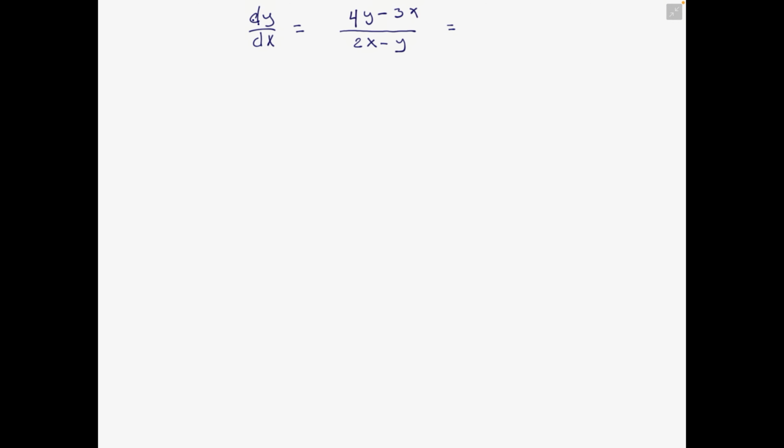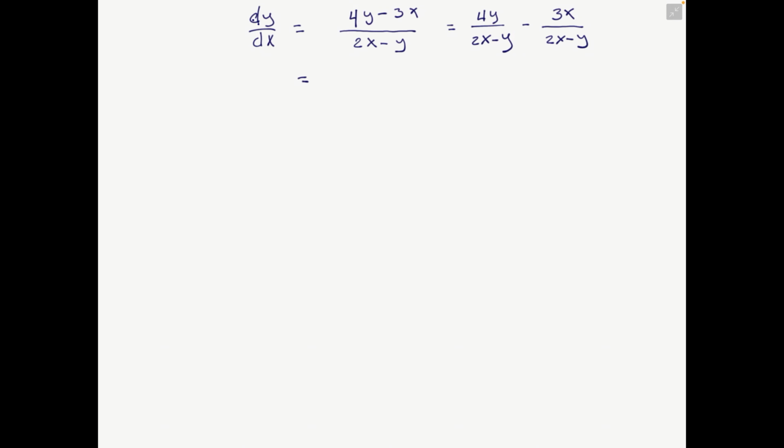So I got the problem written down right, that is. Okay, so we got 4y over 2x minus y, minus 3x over 2x minus y. Yeah. Now let's get this into our form.